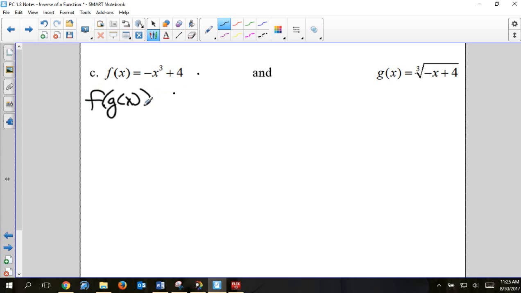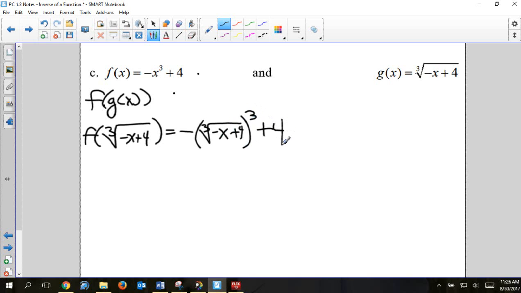So that's f of the cube root of negative x plus 4, which equals negative, parentheses, cube root of negative x plus 4, close parentheses, cubed, plus 4. We're putting g inside of f, and then here's your order of operations. You're going to have to cube the parentheses first, then after that multiply everything by -1.